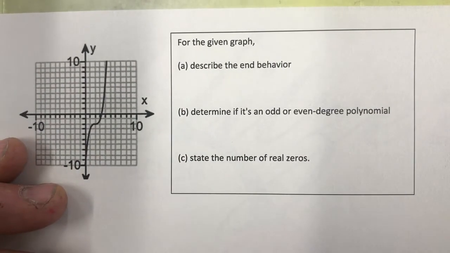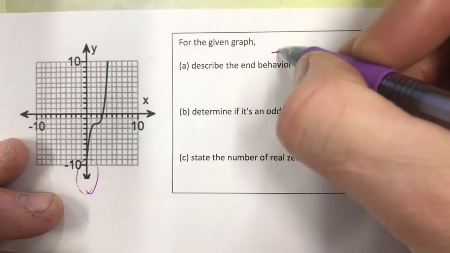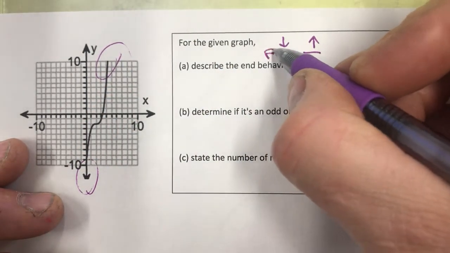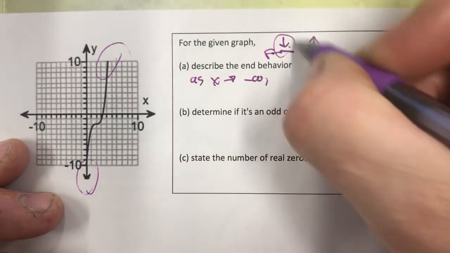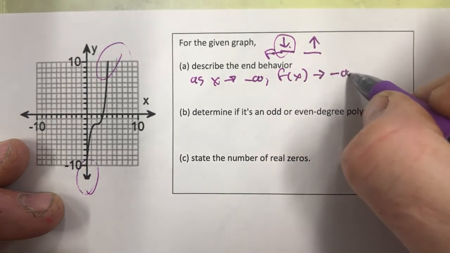What about this one here? Describe the end behavior. Well, this side's down, and this side's up. So as x approaches negative infinity, the function goes down. So that's negative infinity.